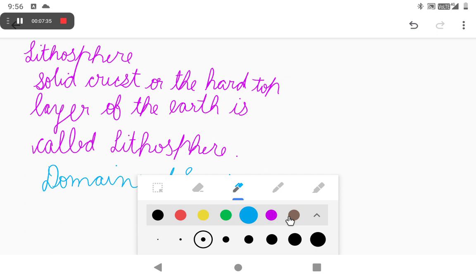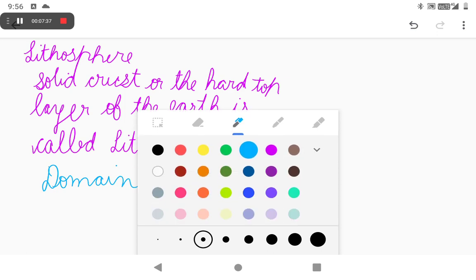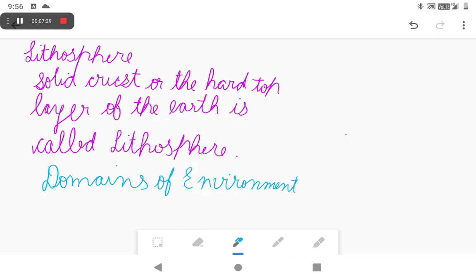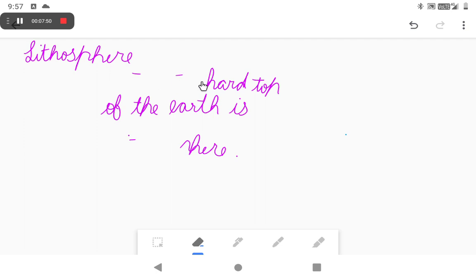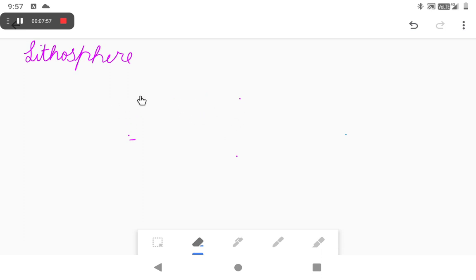We learned what is lithosphere. Now we'll learn some features of lithosphere. It is made up of rocks, minerals and covered by a thin layer of soil.